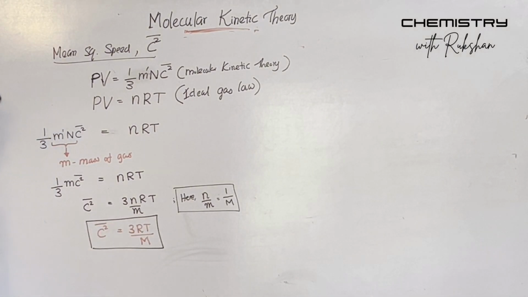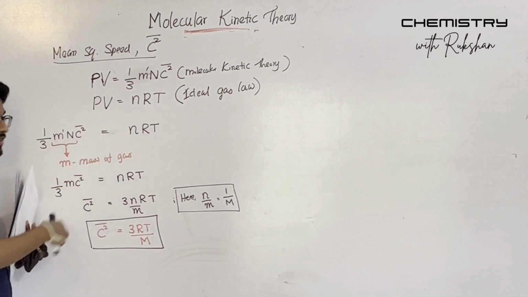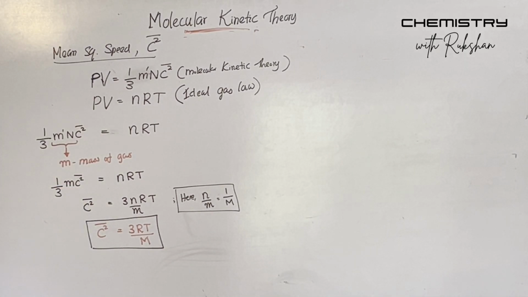which has been derived by combining these two equations. This is the equation for c squared bar, the mean square speed.